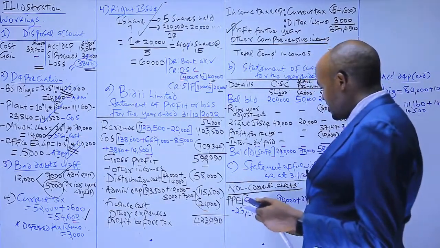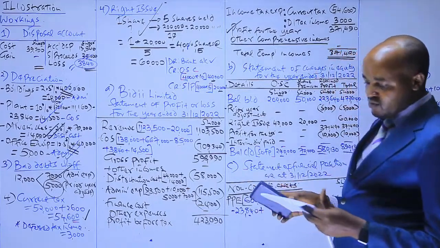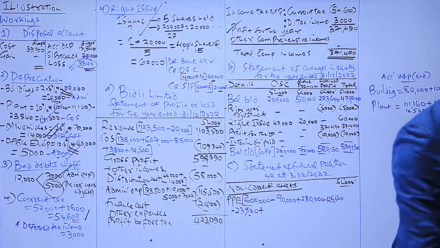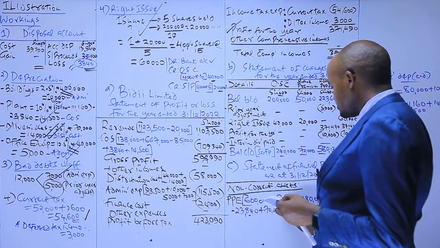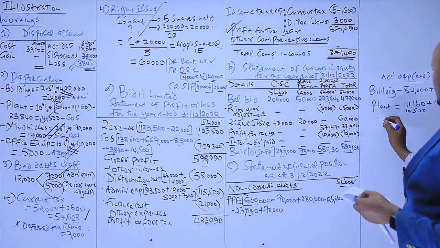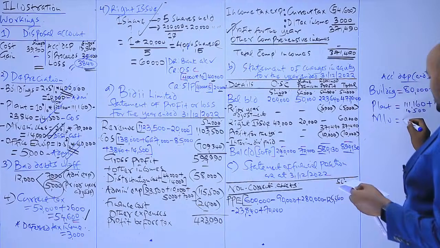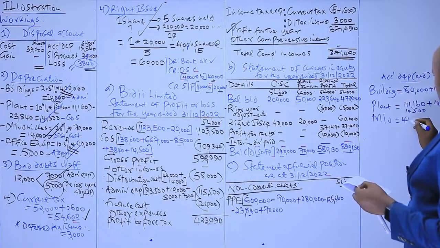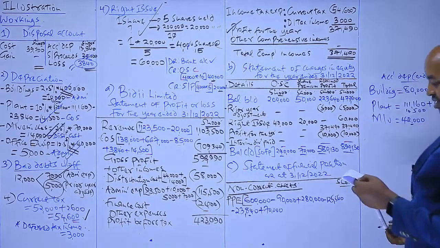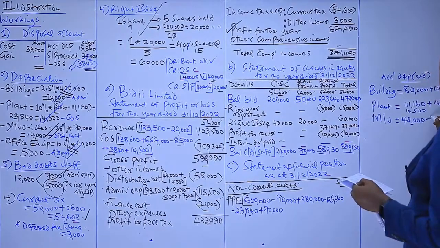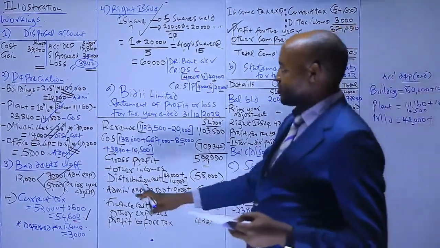Then from there, we add the net book value of motor vehicles. What will be the net book value of the motor vehicles? We take the cost, which is 70, and then equally we compute the net book value at the end. The accumulated depreciation at the end will be equal to the accumulated depreciation at the start, 42, and then to this we add the depreciation for the current year.